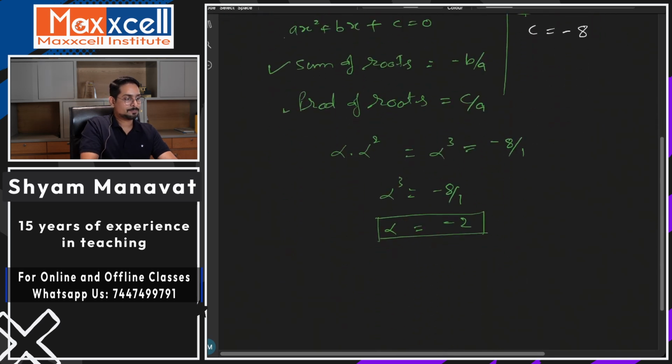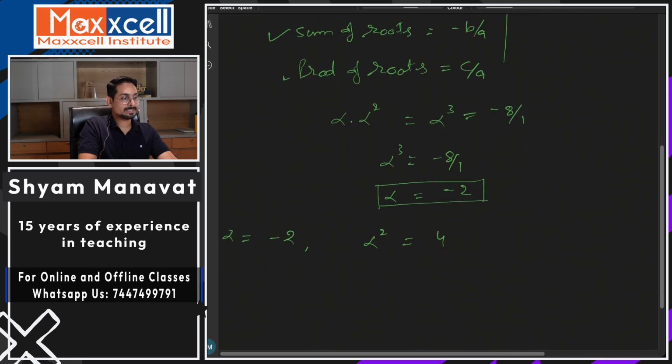Now tell me one thing. If one root is minus 2, alpha is equal to minus 2, then alpha square is supposed to be minus 2 square, that is plus 4. Yeah. So if I try to find out sum of roots, there is what? Alpha plus alpha square, isn't it?